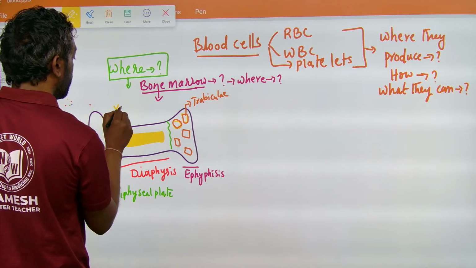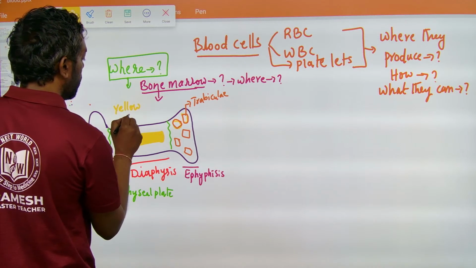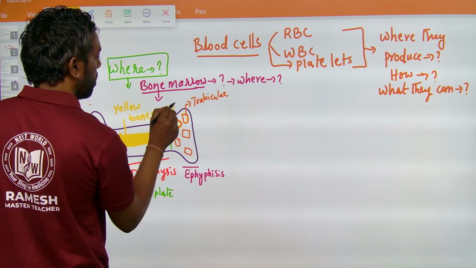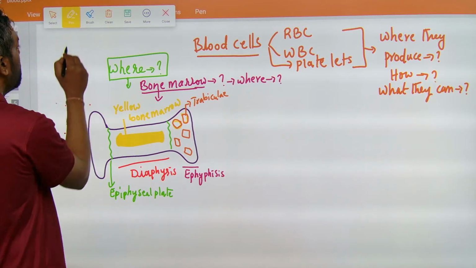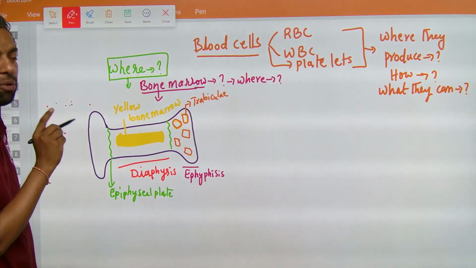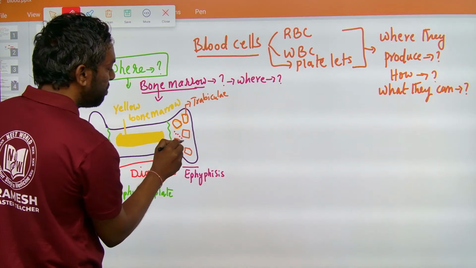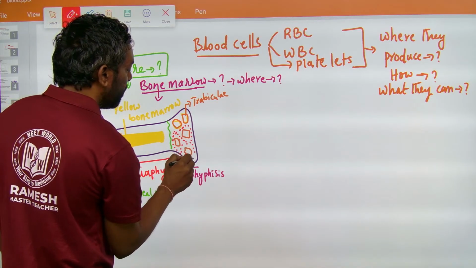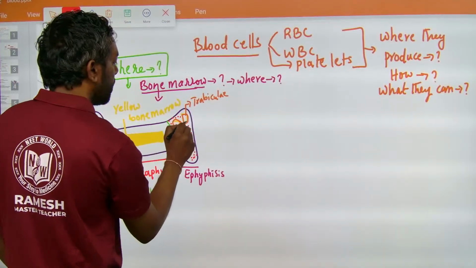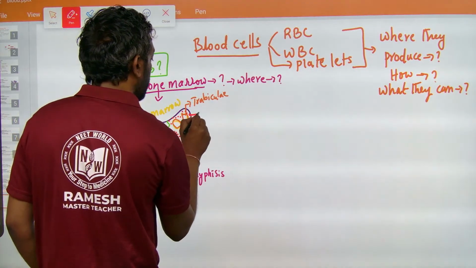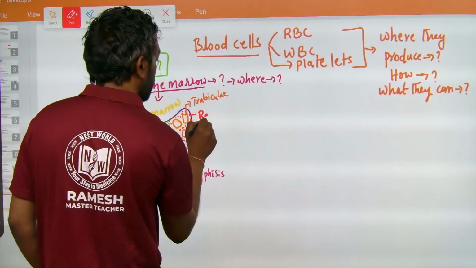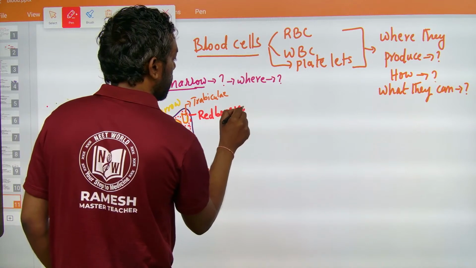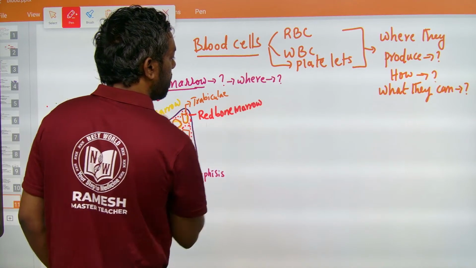is yellow bone marrow. But where is the red bone marrow? The place between the trabeculae is called red bone marrow.